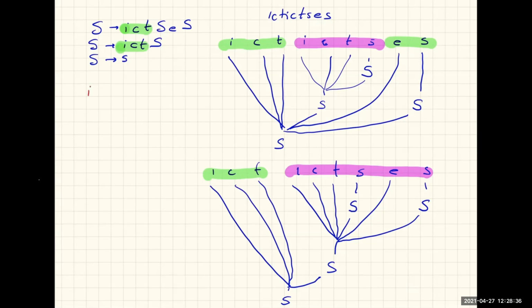So the first one says, if condition, then if condition, then do this, else do this. This is the first one. And the second one says, if condition, sorry, I forgot condition here.